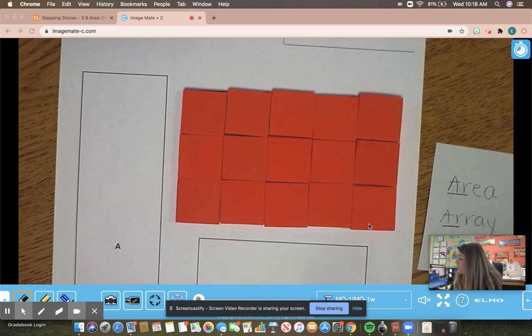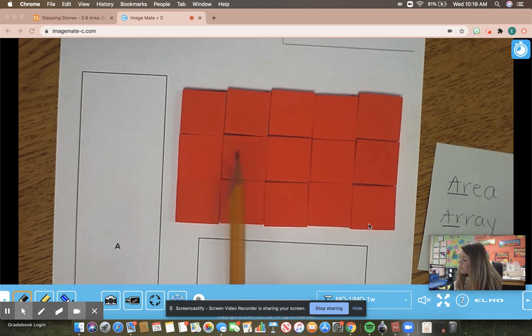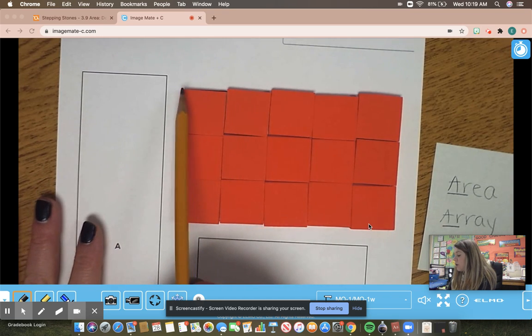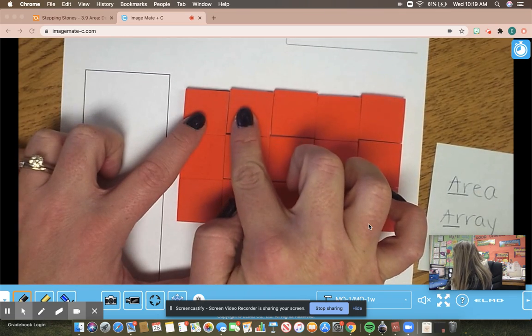The area is how much space is inside a shape. So we took all these blocks and we filled them inside that rectangle. And we figured how many rows and how many were in each row, and we did 3 times 5. That is finding the area. When we find the area, we're taking the length. I'm going to say that each of these is 1 inch.